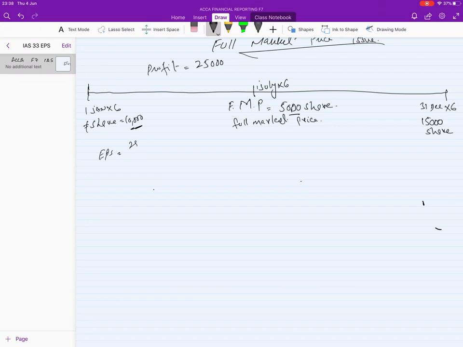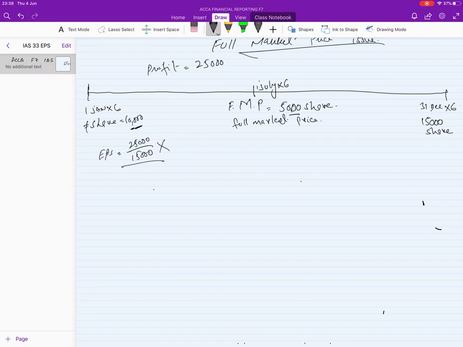If you divide 25,000 by 15,000 shares for calculating EPS, this is wrong, because for the first 6 months, from January till June, you had only 10,000 shares, and for the last 6 months, from July till December, you had 15,000 shares.